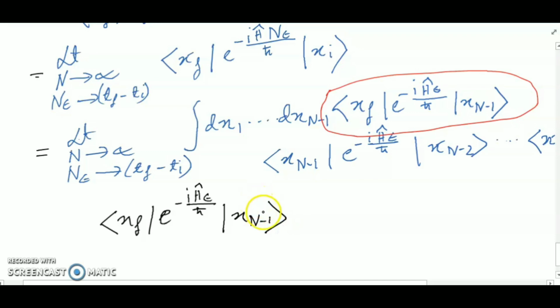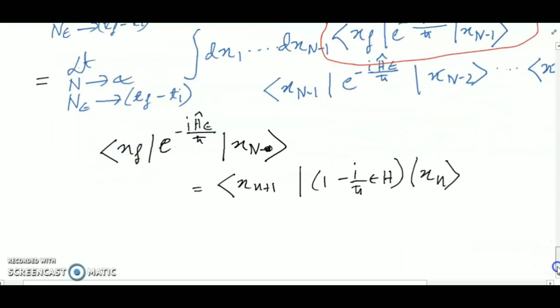Okay, not n minus 1, this is just only n, can be written as x n plus 1, 1 minus i h bar epsilon capital H, okay, and x n.